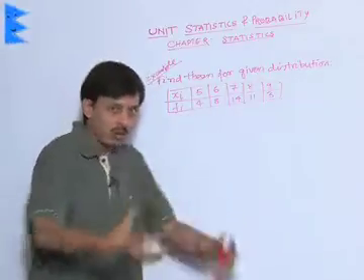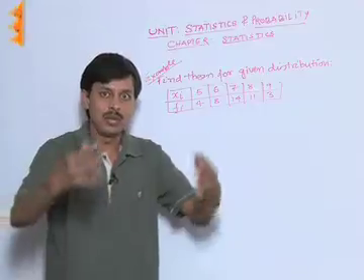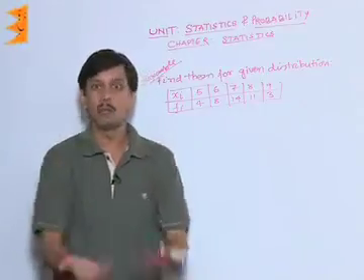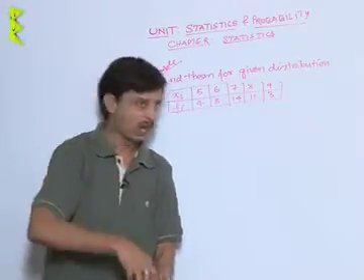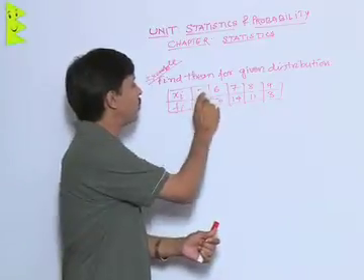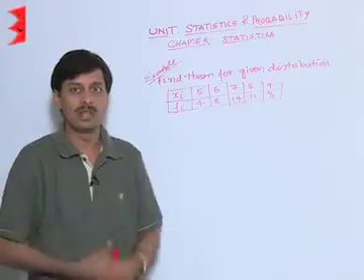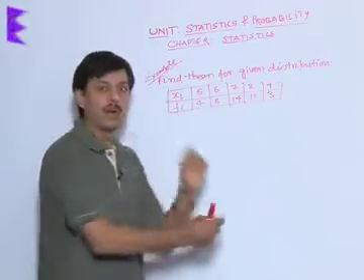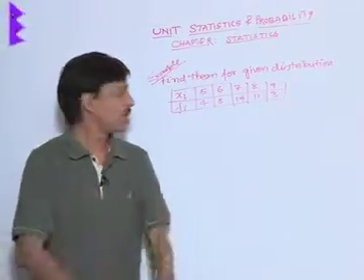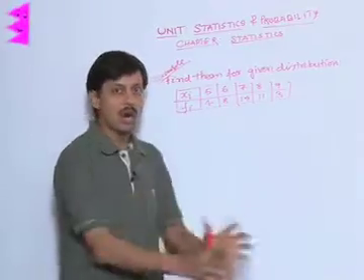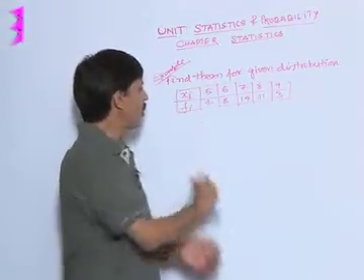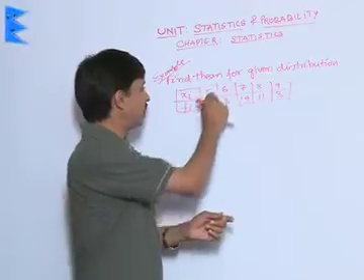So what are we observing? We are weighing some bags. So these weights are the observations, because we are observing them, and we find that out of all the bags, 4 bags are of weight 5 kg.